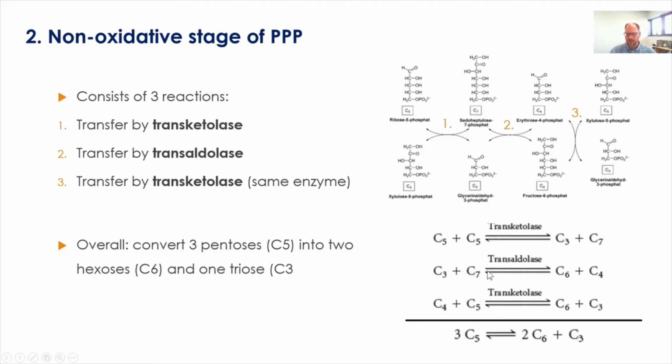Okay, now in the transaldolase reaction, we have this 7-carbon compound and 3-carbon compound becoming a 6-carbon compound, fructose 6-phosphate, and a 4-carbon compound with this erythrose 4-phosphate.